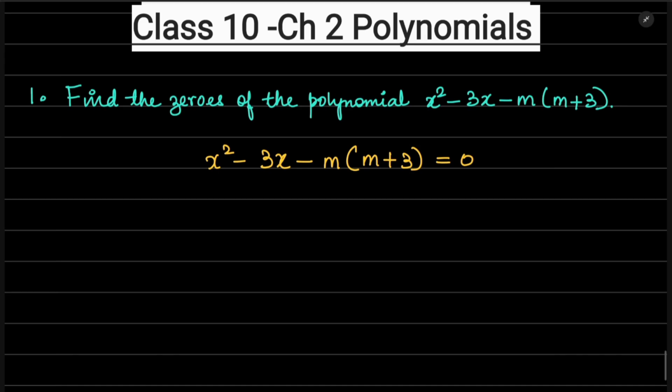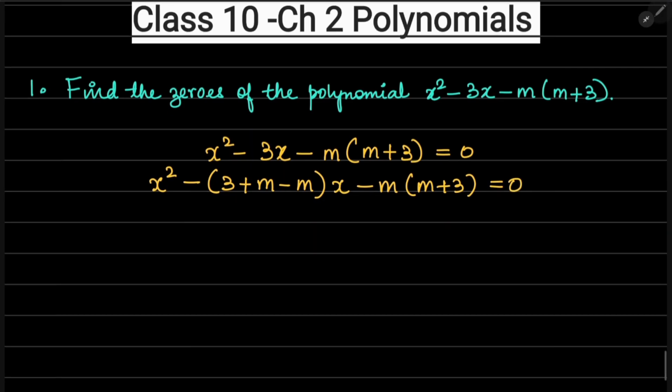Now you have to add and subtract the m here. In the middle term, you have to add and subtract m, followed by minus m multiplied by m plus 3 equal to 0. Now what am I going to do? I am going to take this m plus 3 alone outside, and mx I am going to take as a separate term.